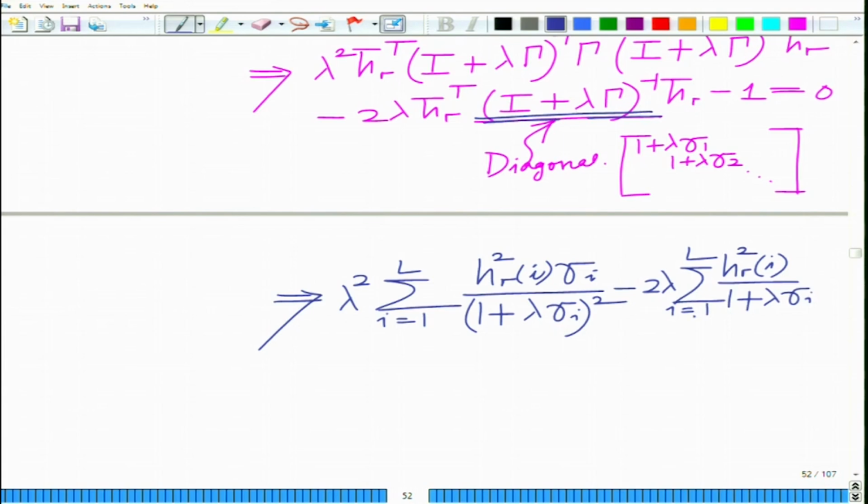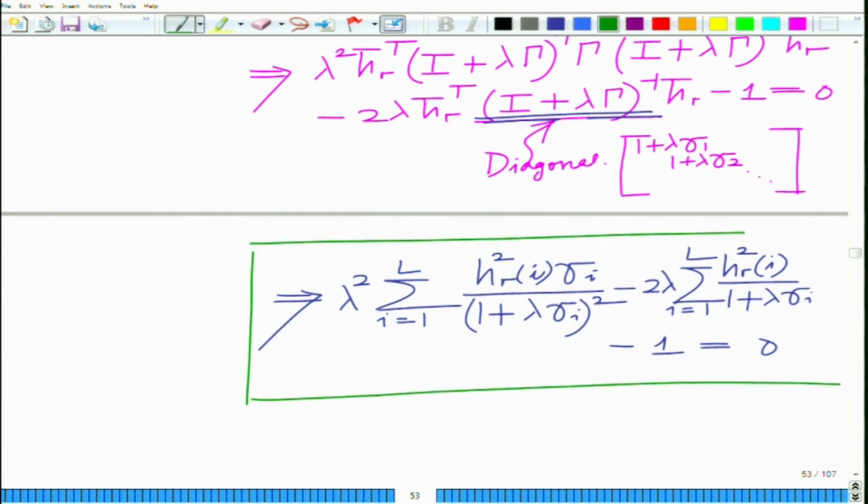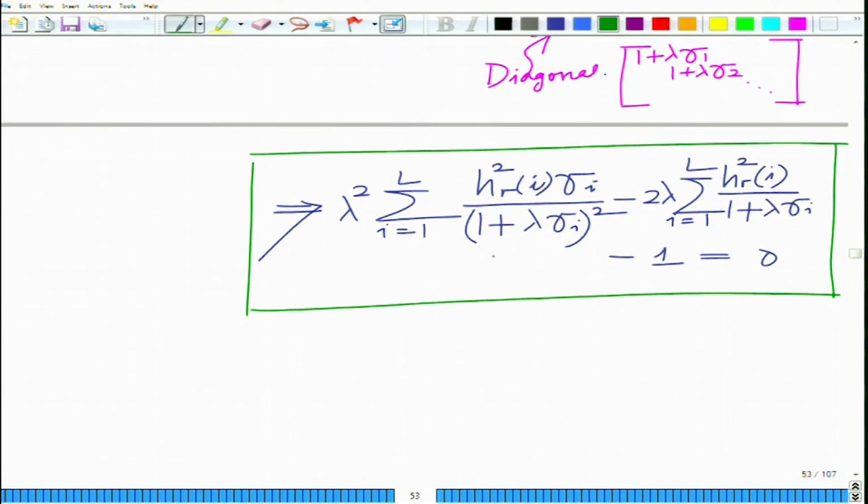This is the equation for lambda. So, you solve this equation to determine lambda.